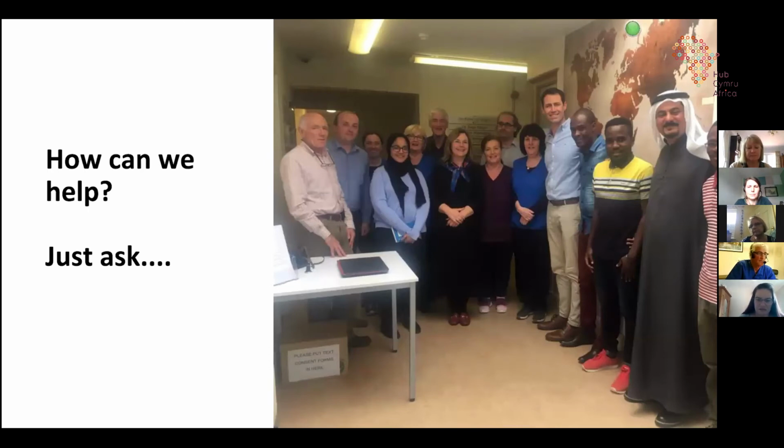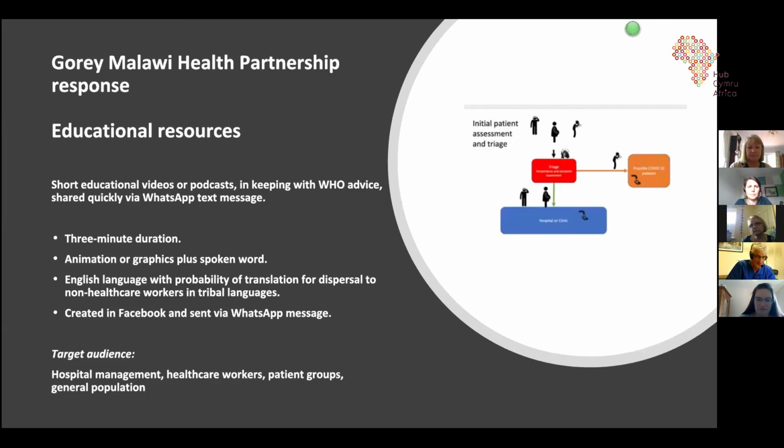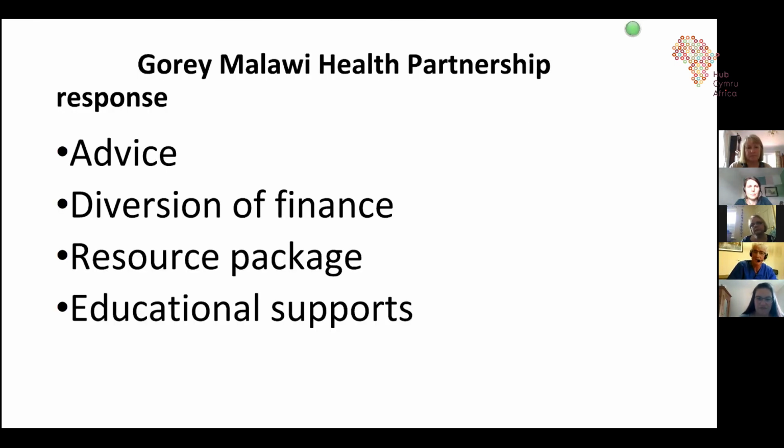So after discussion, we decided on 4 areas of response that would be a help to Mzuzu. First of all, we continued to give advice and be available for advice, and they were very welcome to hear their trusted friend from Ireland who had experienced COVID-19 tell them that this was something they needed to prepare for. We diverted some finance that was earmarked for other areas and sent it out for preparation.